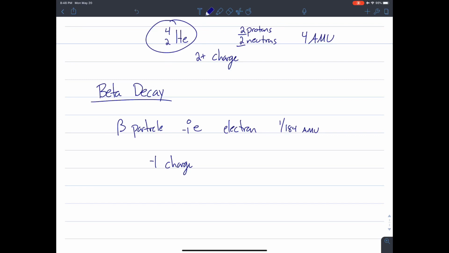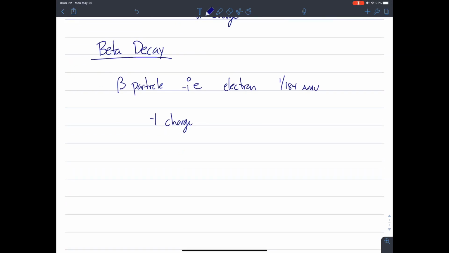So when something undergoes beta decay, what essentially happens is that you have a neutron, and you can kind of think of a neutron as something that has positive and negative charge within it. So overall, it's neutral. This neutron is going to shoot out a beta particle, which is shooting out an electron.